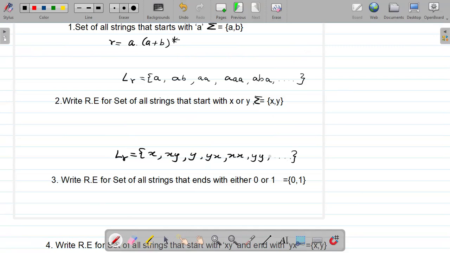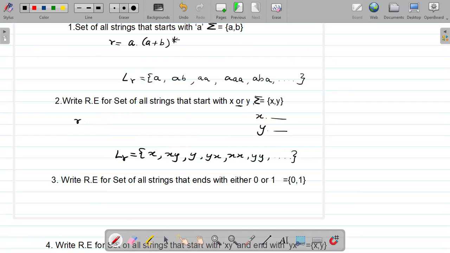They are starting with X or starting with Y. Whenever this or comes in, it can be represented by plus. This is also like A or B in the previous question. In the previous case, it was starting with A. So we'll have starting with X followed by something, starting with Y followed by something, and we can have any of these. So either it is starting with X or starting with Y.